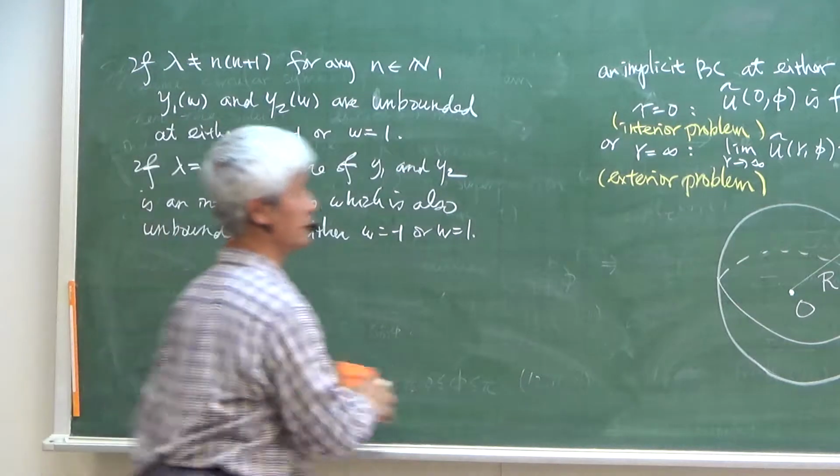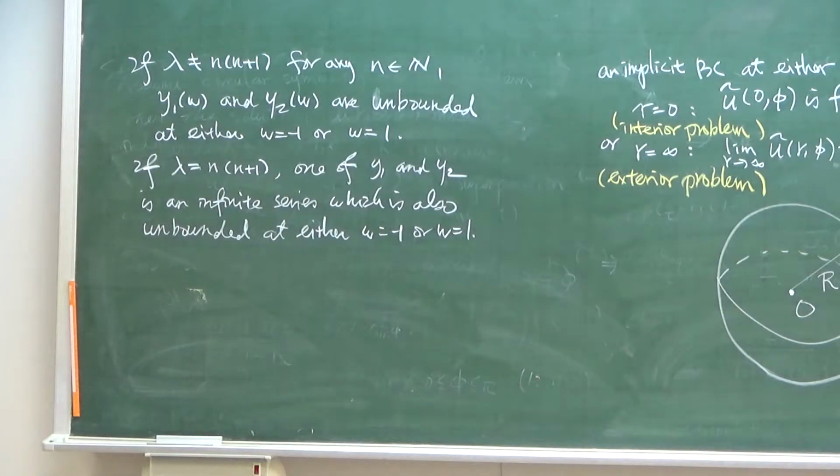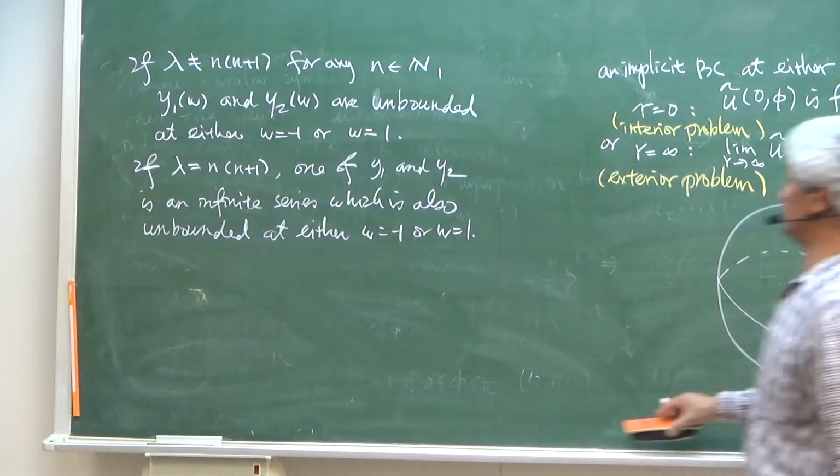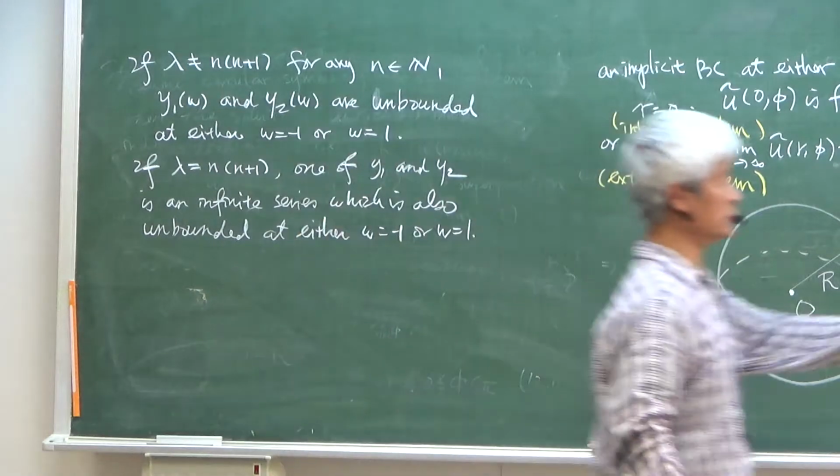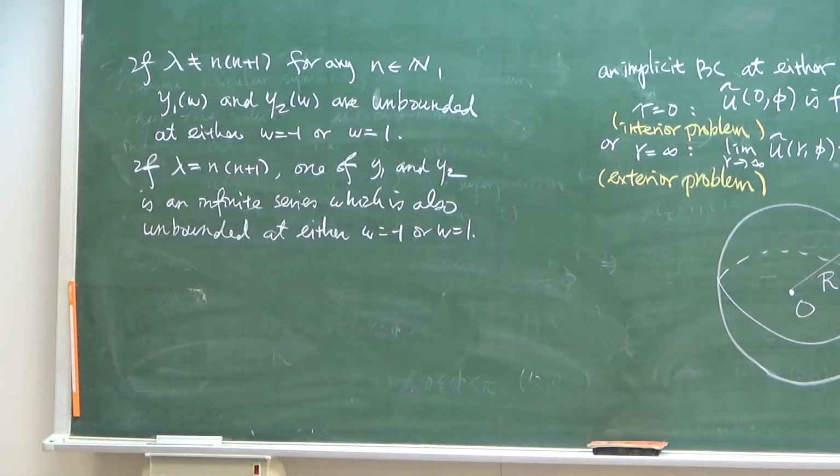Anyway, so one of the two independent solutions should be an infinite series, which is unbounded at the endpoint, so it's not suitable.